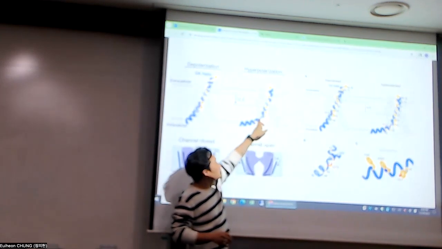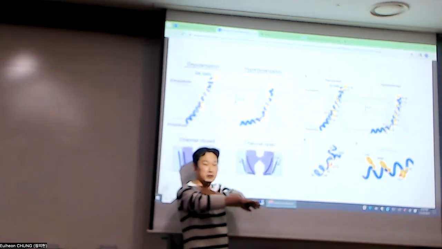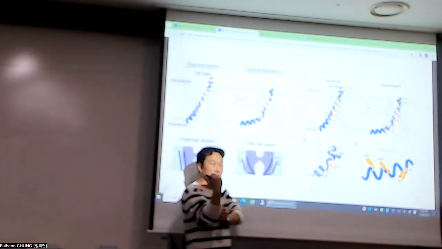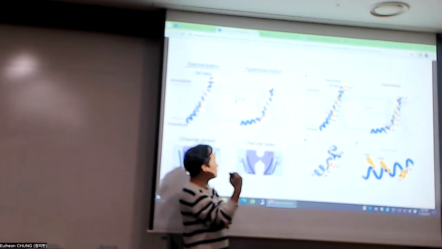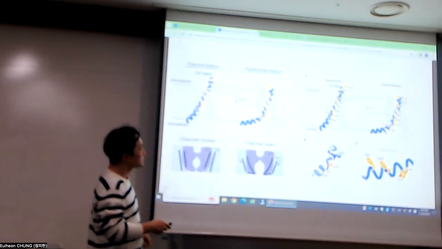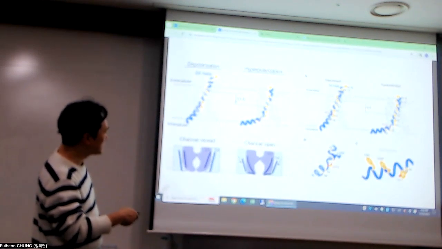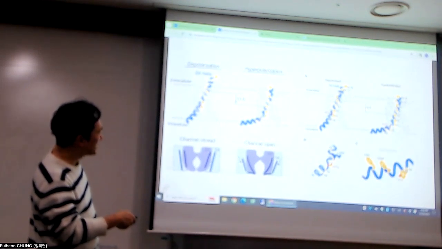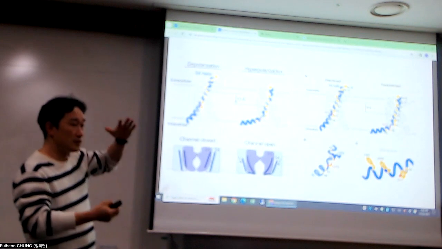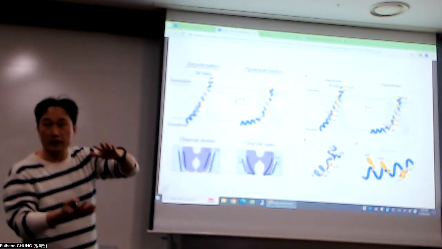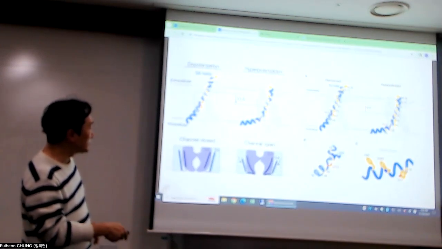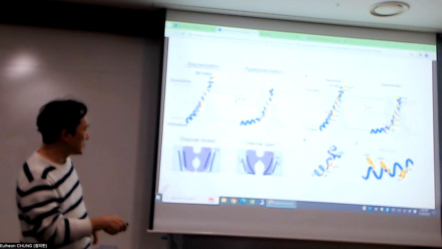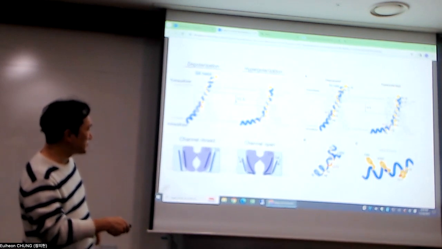So in this weak linker, there's a bend like an angle. In this case it moves downward to the intracellular region. And then this helix, from S6, becomes almost parallel to the membrane. See?